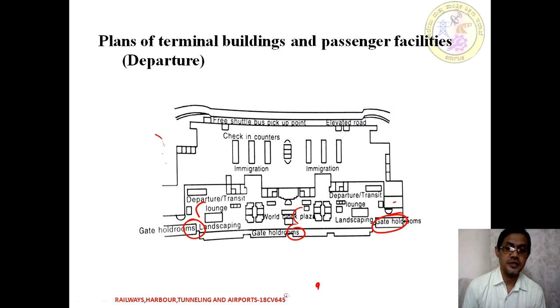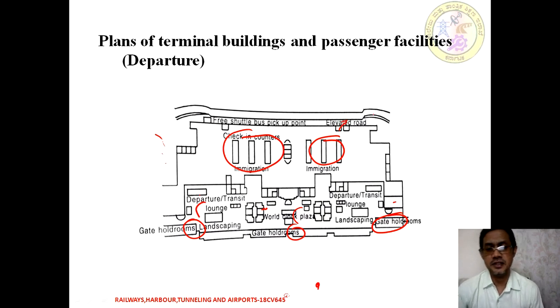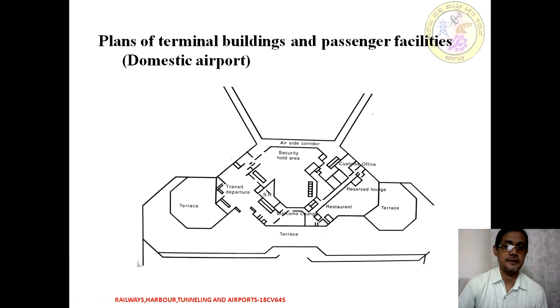Then we have some check-in counters here for the immigration check-in. Then it is elevated as far as departure is concerned. So this is another type of terminal building and passenger facilities provided with respect to departure.